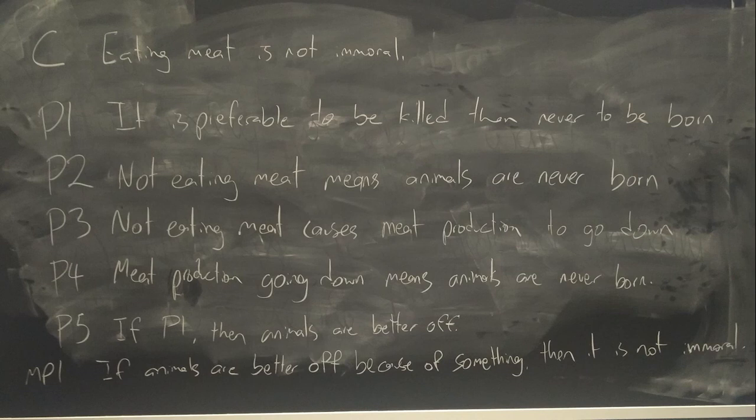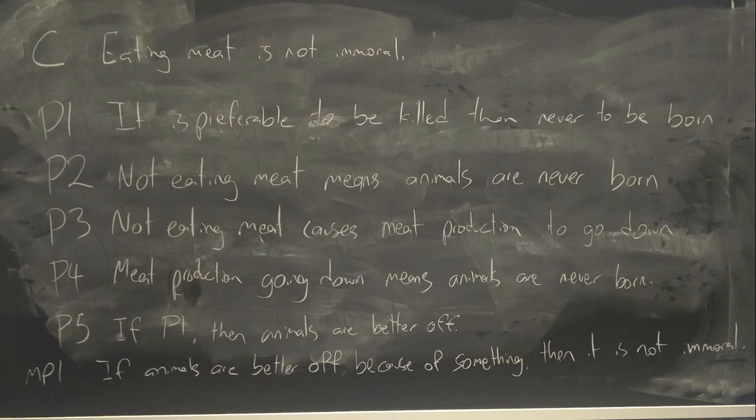Right. So, and if we want to connect up P3 to P2, we need something like if meat production goes down, animals are never born. Yeah? Like if the same number of animals were going to be born whether they were being produced for meat or not, then it wouldn't follow that not eating meat means animals are never born.